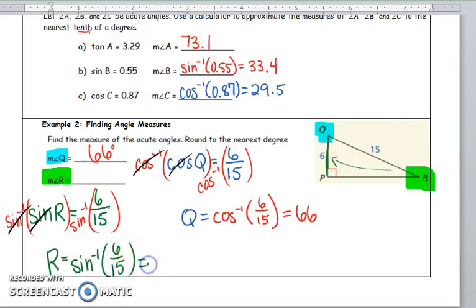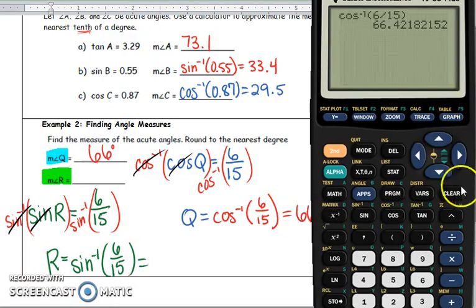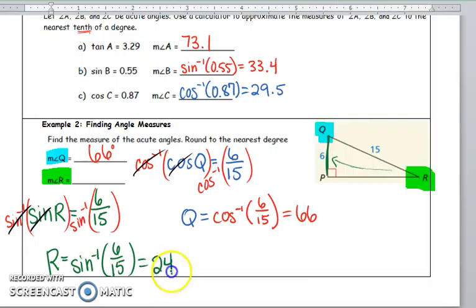Now to figure out what that is, I'm going to go to my calculator and do second inverse sine of 6 divided by 15. And this gives me 23.6, so I'm going to round that up to 24. And I'm going to say the measurement of angle R is about 24 degrees.